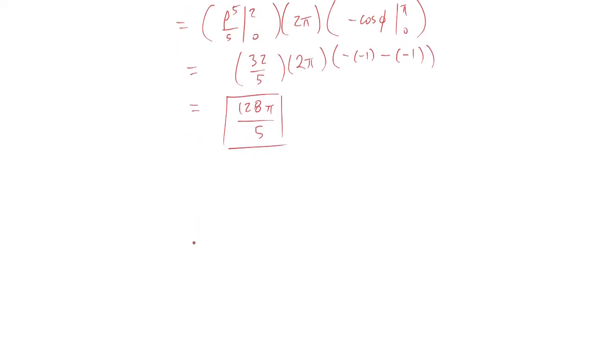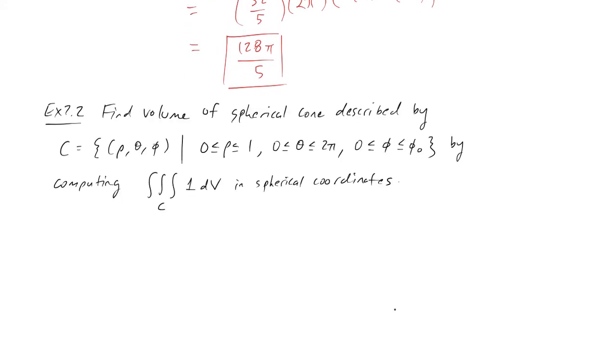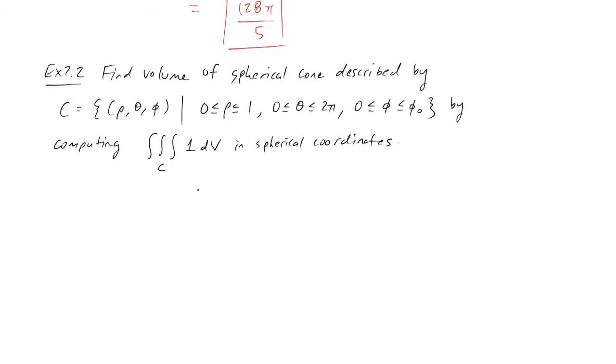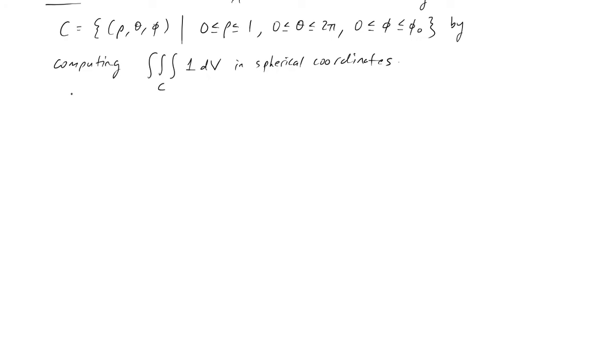Let's move on to another example. So we want to find the volume of this spherical cone described by the set of points where rho is between 0 and 1, theta is between 0 and 2 pi, and phi is between 0 and some fixed phi, by computing the triple integral of 1 in spherical coordinates. So let me draw a picture of this region, and then we'll go about computing the triple integral.